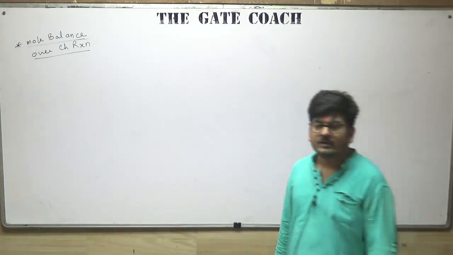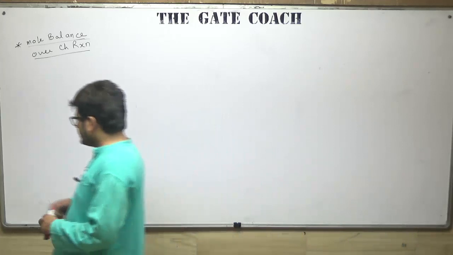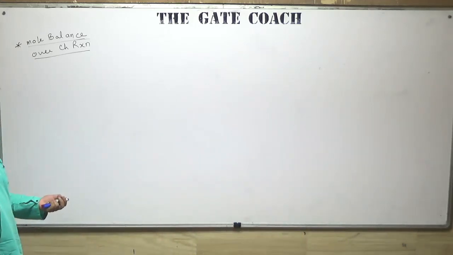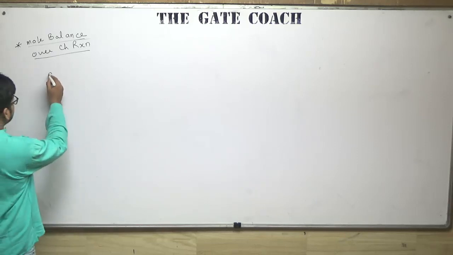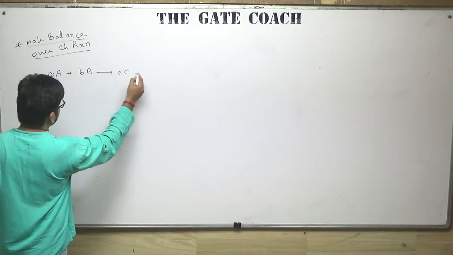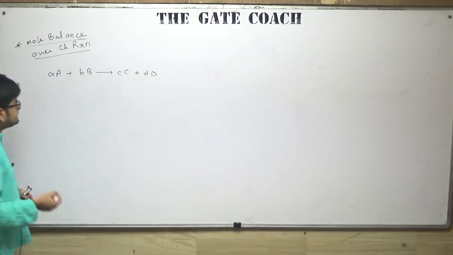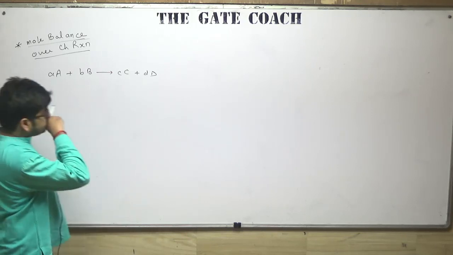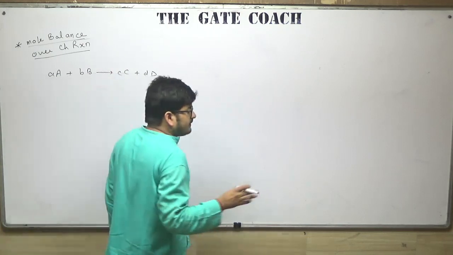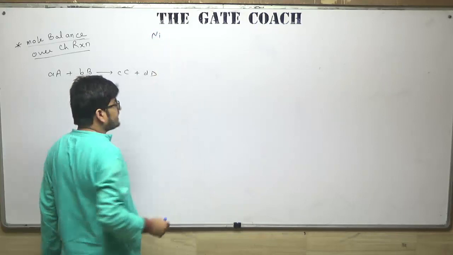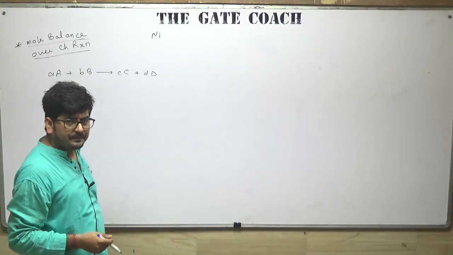So mole balance over chemical reaction. So let's use our favorite chemical reaction, A B C D. I told you that we represent the number of moles of any component by the term Ni.